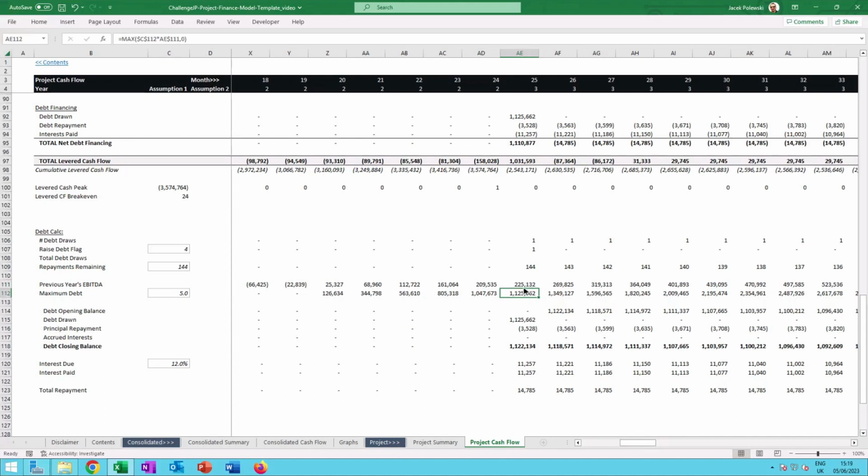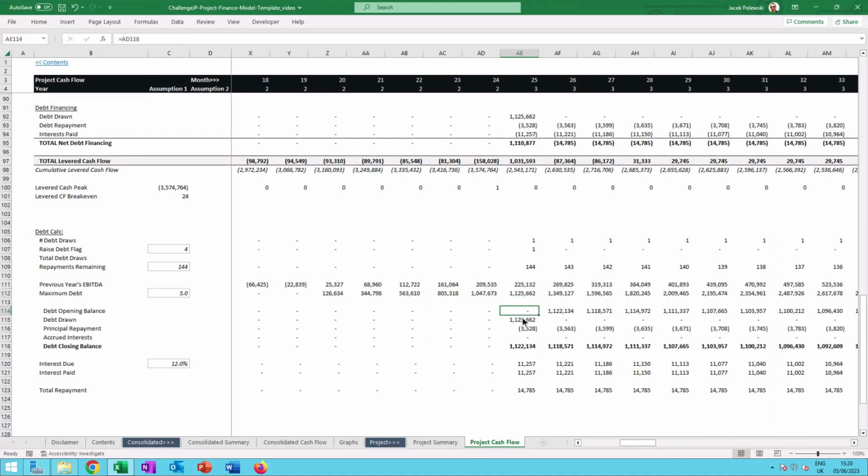We see that you generated 225,000 EBITDA in the previous year. We set the model where your maximum debt can be 5 times that EBITDA. So at any given time in your model, the maximum level of debt that you can draw is 1.1 million dollars in our case.